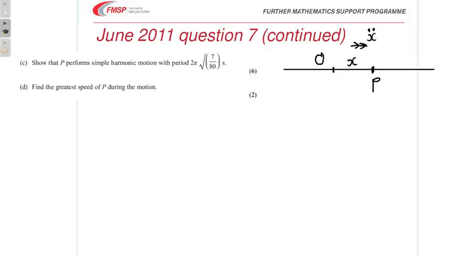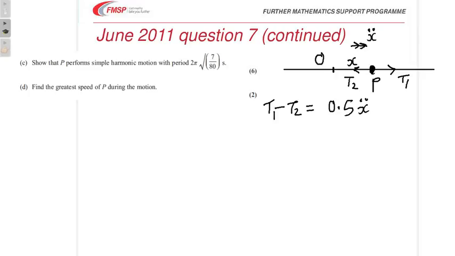T1 was on this side, there's the particle P, and T2 was on that side. So the equation of motion for P is T1 minus T2 equals m, which is 0.5, x double dot. That's right.